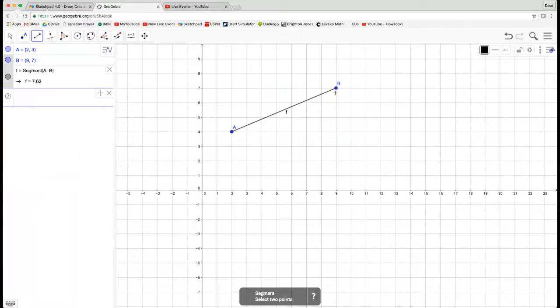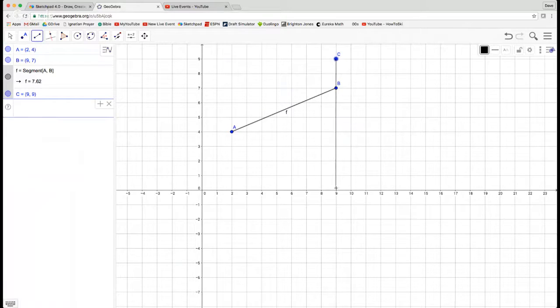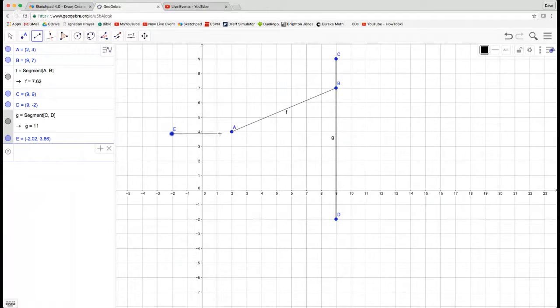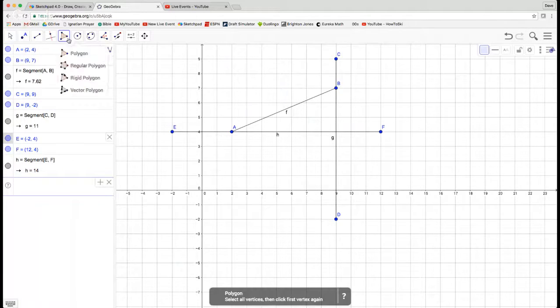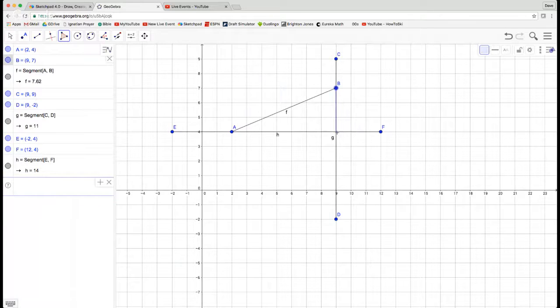If you draw a horizontal line through one point and a vertical line through the other point, you can always make a right triangle. Watch what I do. Look at that. Here's my right triangle.